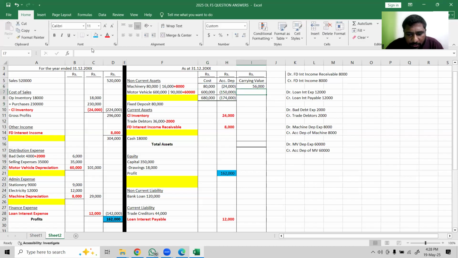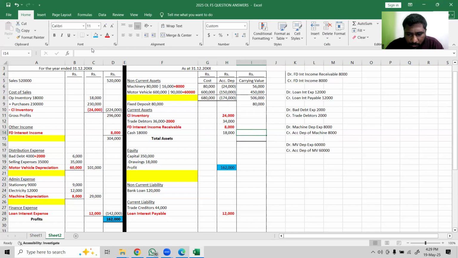We'll take the carrying values. So I'm getting total asset value of 670,000.